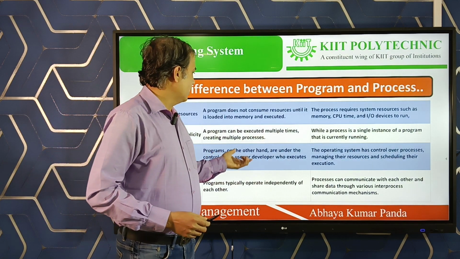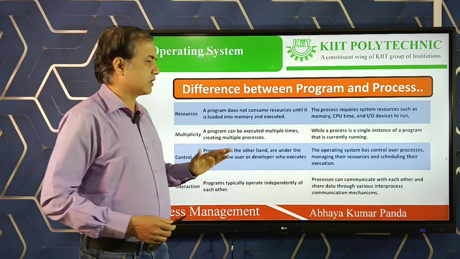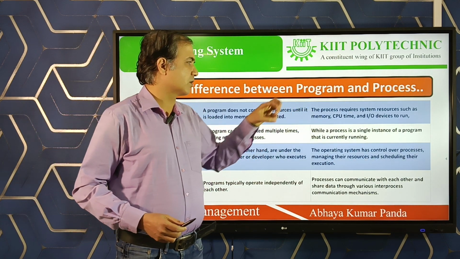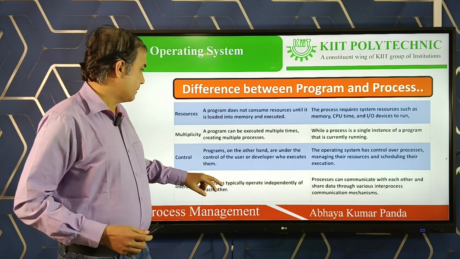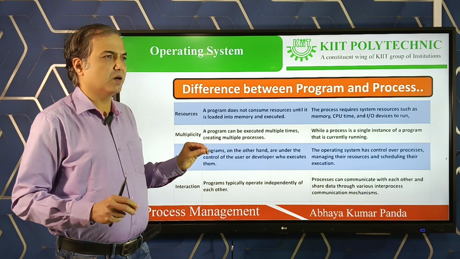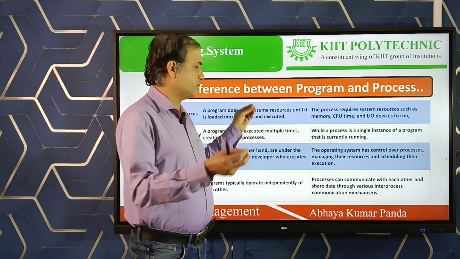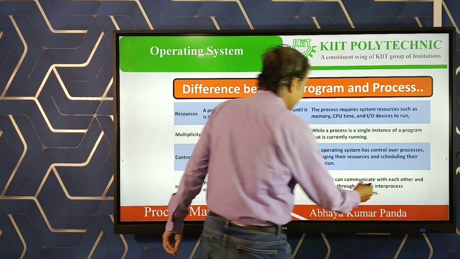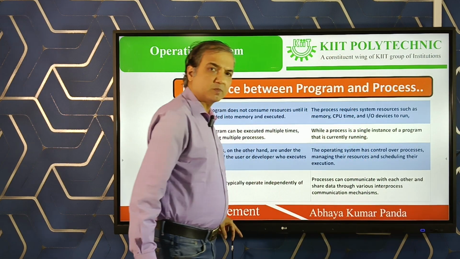The program user has control over a program, but in a process the operating system has control. Programs are independent of each other, but multiple processes can interact with each other, that is known as inter-process communication.